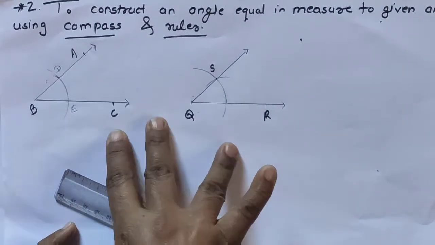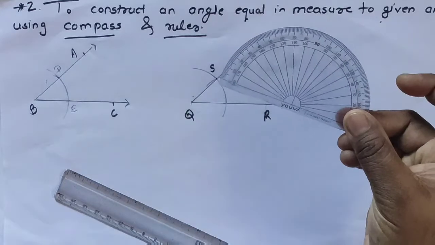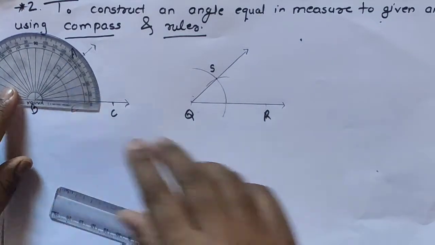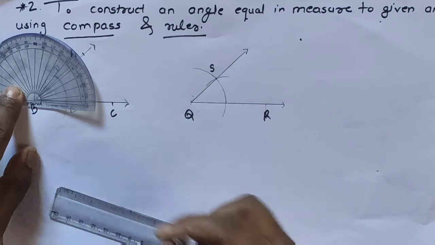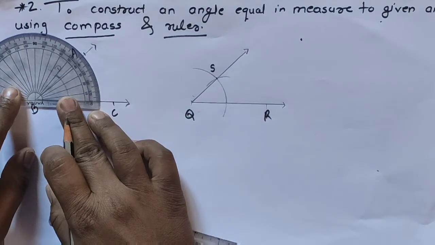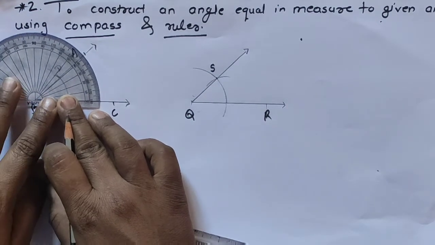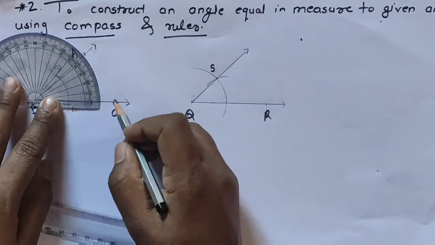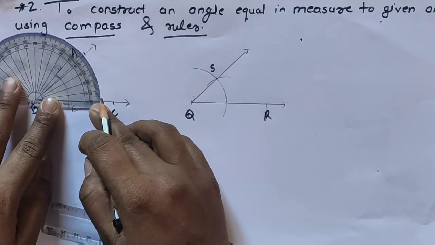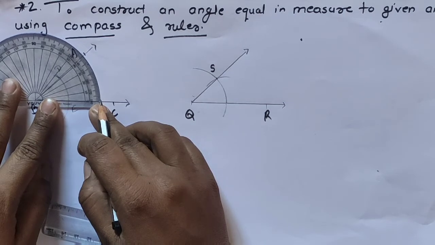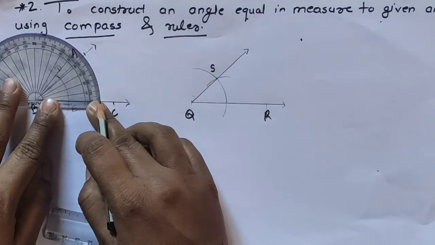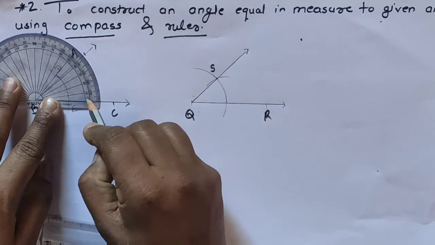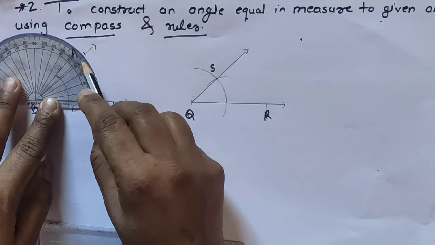Now I will check whether my construction is correct or wrong. Take the protractor, put it on B, and measure angle ABC first. The measure of my angle is 43. See, 0, 10, 20, 30, 40, and after that 3 lines.